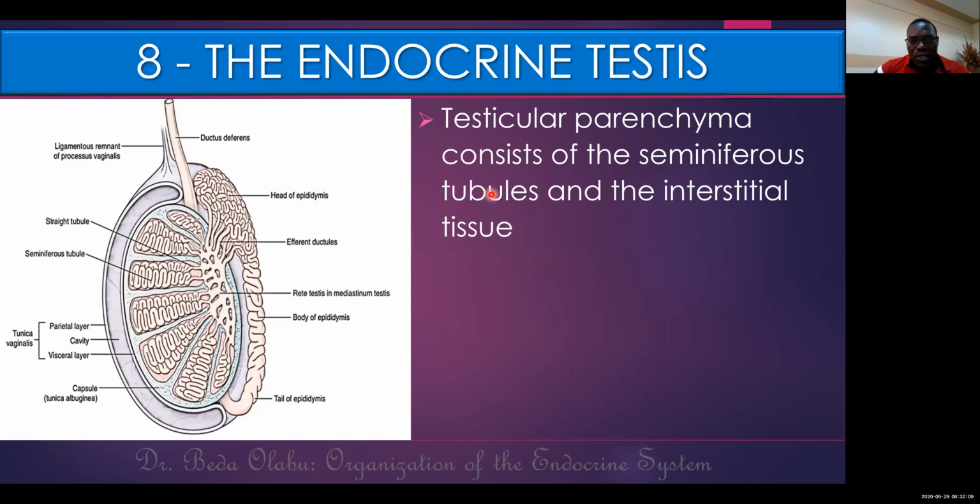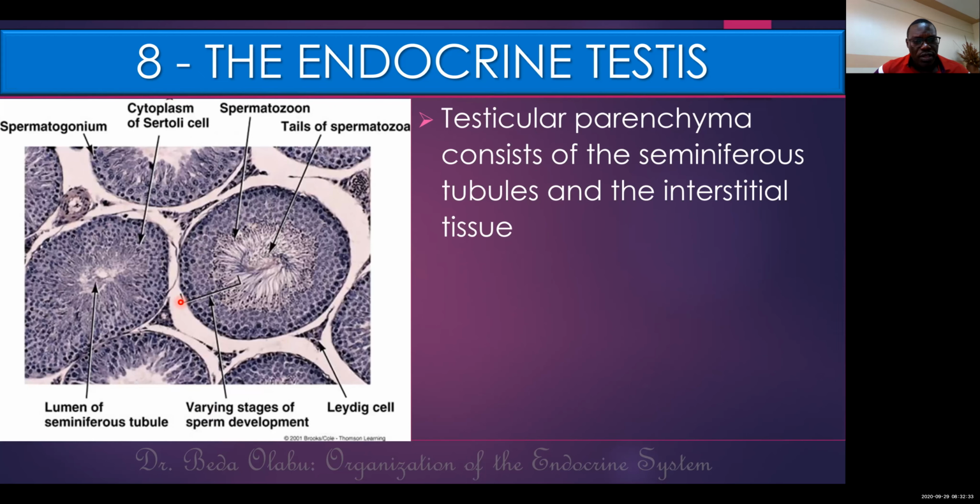But there's some loose connective tissue between the seminiferous tubules, which we call the interstitial tissue. So these are the seminiferous tubules. Between adjacent seminiferous tubules, we have some loose connective tissue, which we are calling the interstitial tissue. So if this is the seminiferous tubule, this is the interstitial tissue.